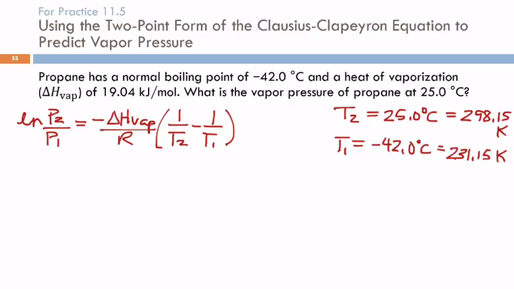It boils when the vapor pressure equals the atmospheric pressure. So at the normal boiling point, the vapor pressure is atmospheric pressure, or 1 atmosphere. So the fact that this says normal boiling point means that at minus 42 degrees Celsius, the vapor pressure is 1 atmosphere. Does that make sense?